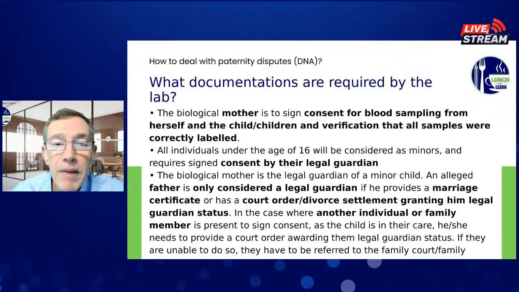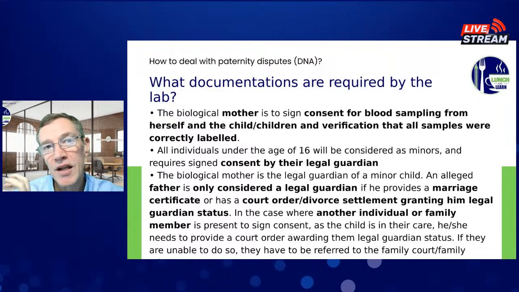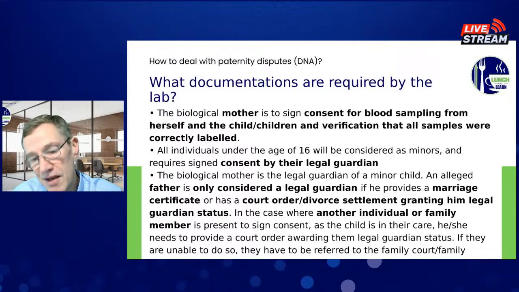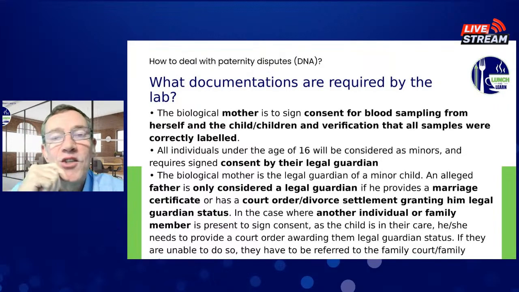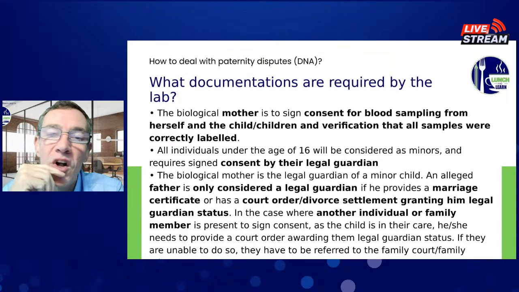The biological mother needs to consent for the blood sampling for herself as well as the minor child. And she also needs to verify that all the samples were correctly labeled. Remember now I said that the only way that you could manipulate the whole system is that the names on the vials, on the little test tubes, need to be altered.